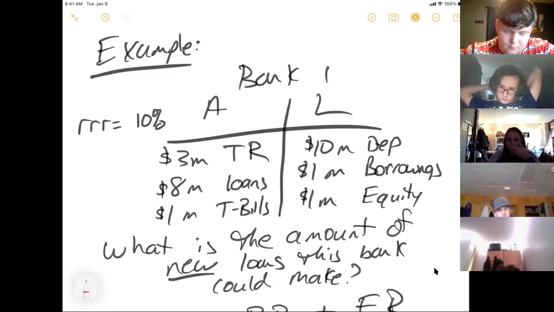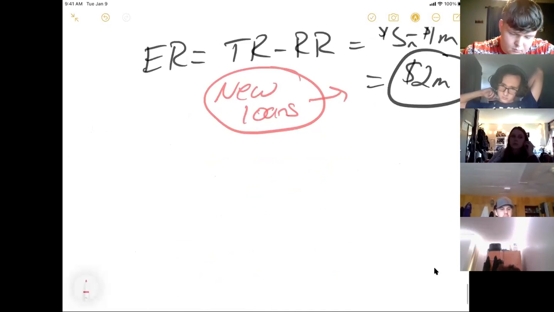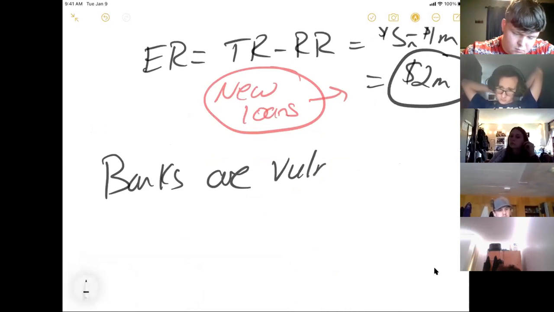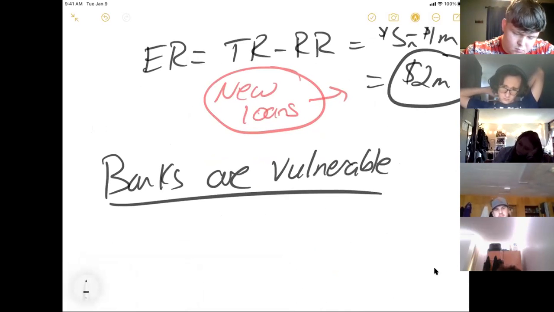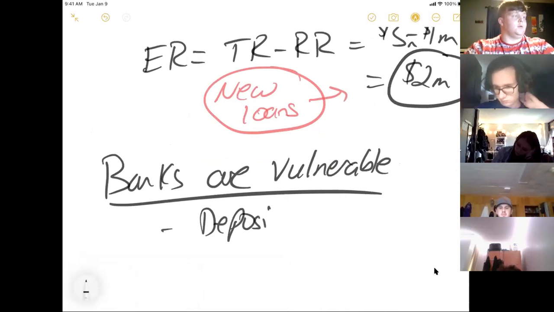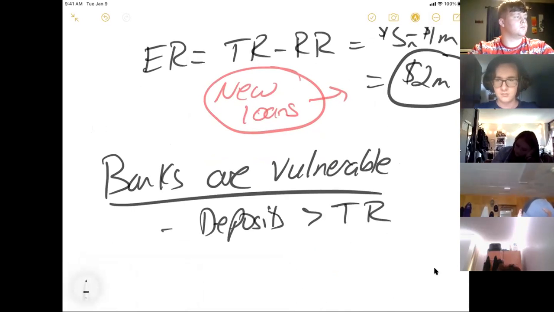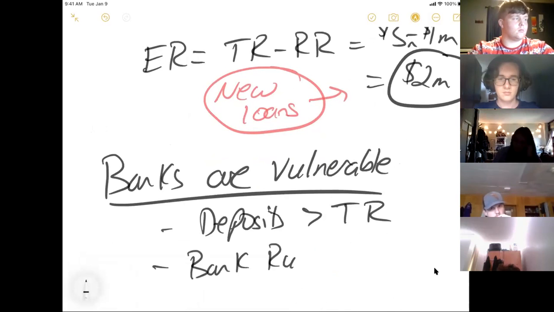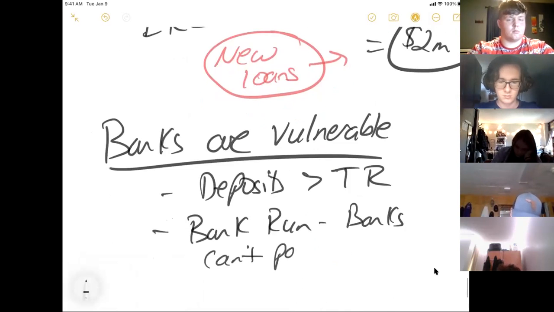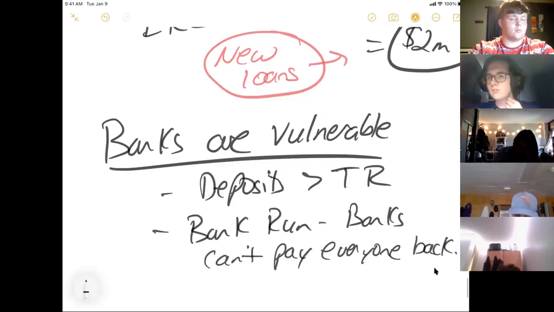Now, one of the things you'll notice about banks is that banks are vulnerable. Any bank is going to have deposits that are much greater than total reserves. That's essentially the problem of a bank run.